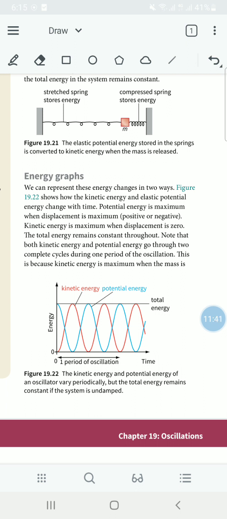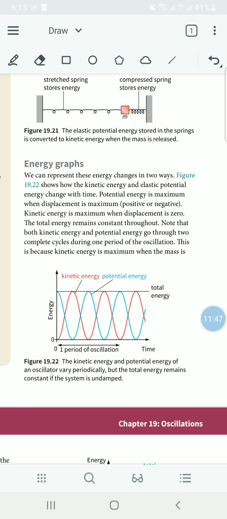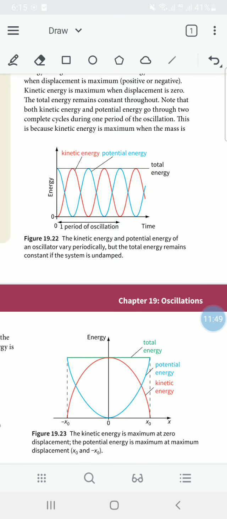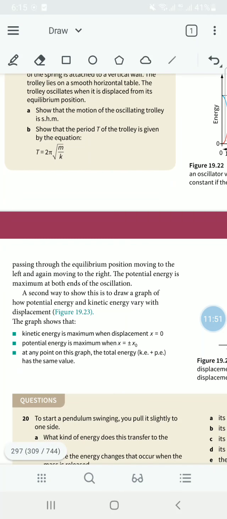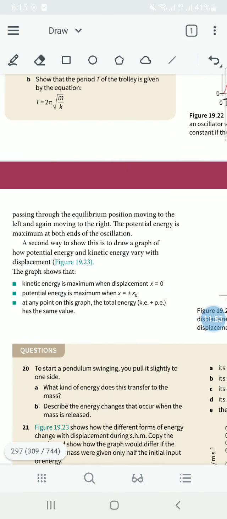Potential energy is maximum when displacement is maximum (positive or negative), and kinetic energy is maximum at the equilibrium position.